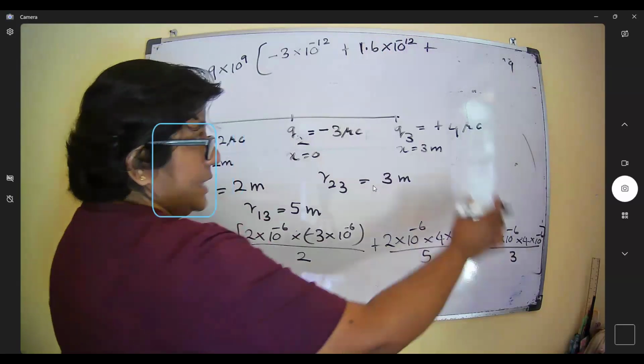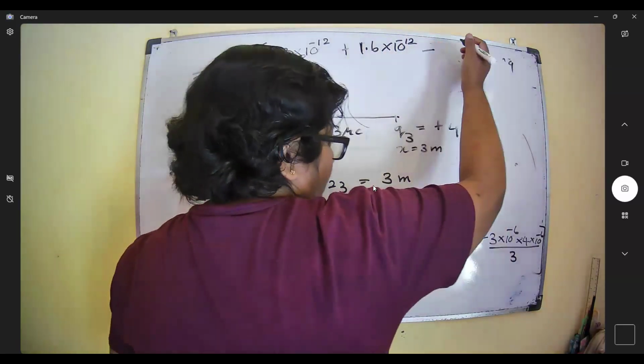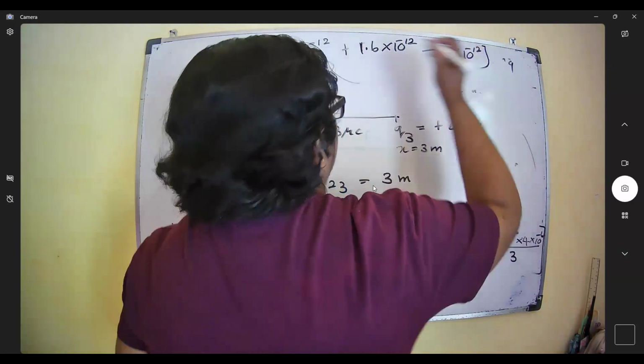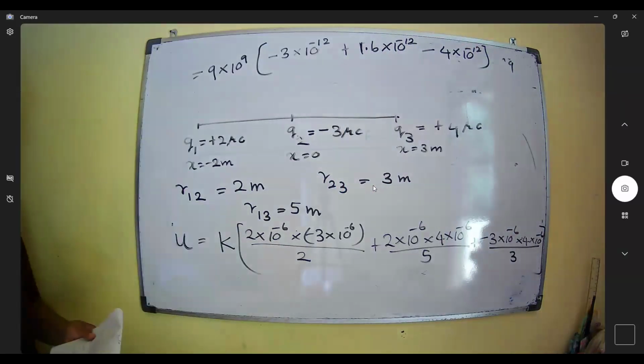And the 3 cancels out, again minus 4 into 10 to the minus 12.